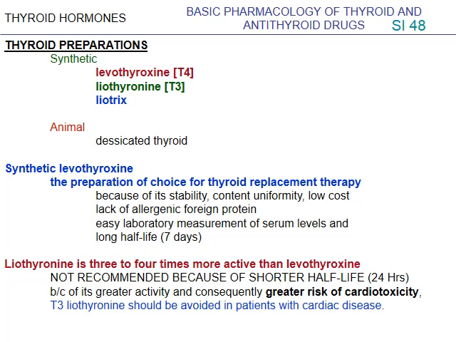Liothyronine is 3 to 4 times more active than levothyroxine, and it's not generally recommended because of its shorter half-life, because of its greater activity, and due to that enhanced pharmacologic activity, is greater risk of cardiotoxicity.